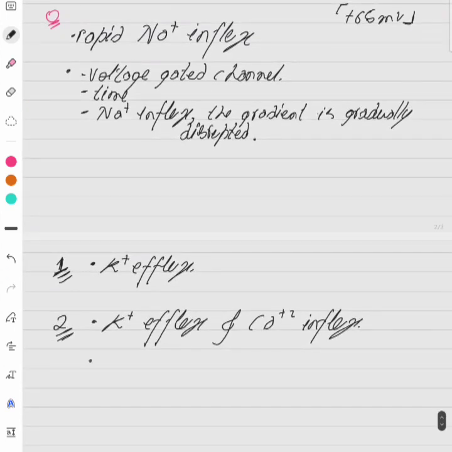Stage 2 is also the reason of refractory period of heart.